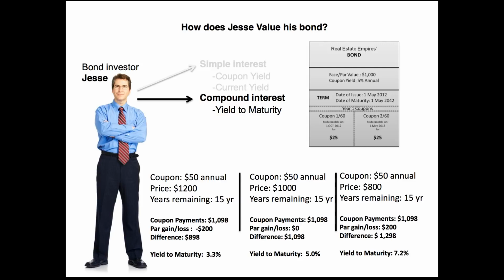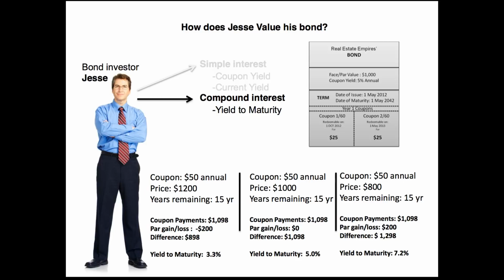So under the compound interest, let's look at the yield to maturity. Now, as we talked earlier, when we were talking about the current yield, we weren't accounting for the difference between what somebody would pay for a bond and what the bond would be redeemed for whenever it reaches its term, when the face value is paid back to the investor.